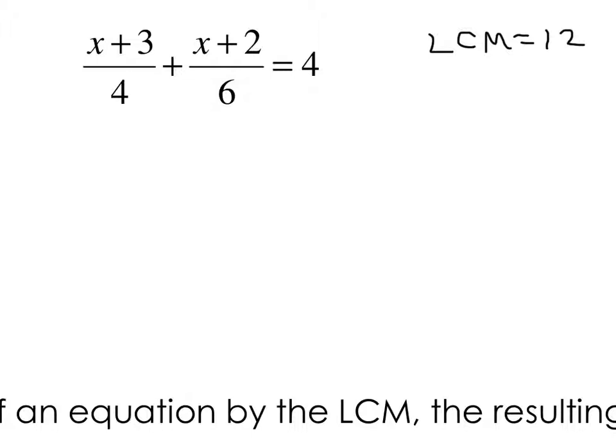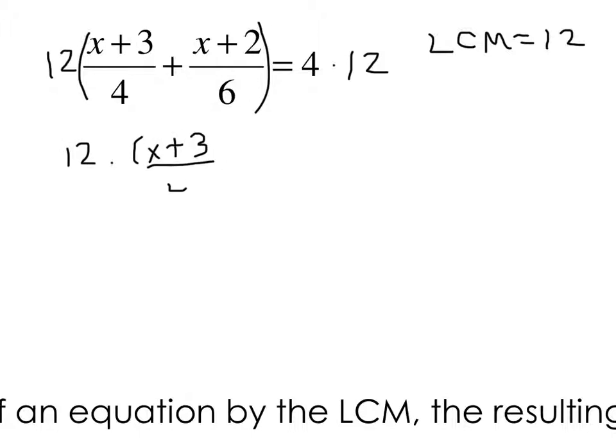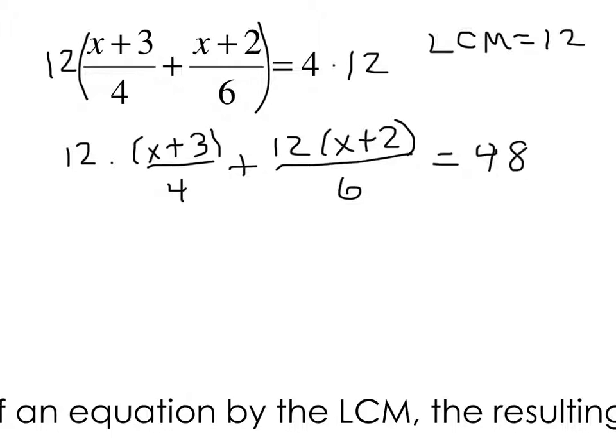Let's multiply both sides of the equation by 12. We have to use the distributive property on the left, so it's 12 times (x plus 3)/4 plus 12 times (x plus 2)/6, and 48 on the right.